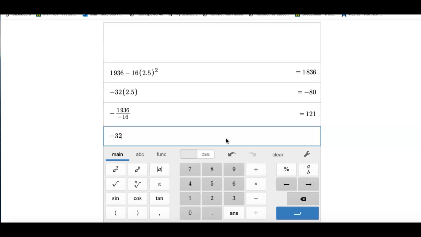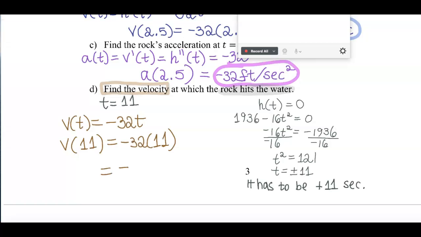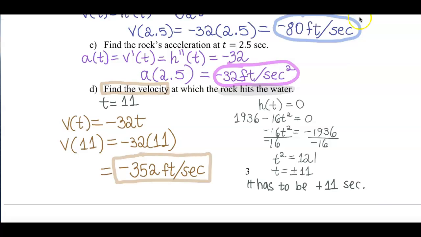Negative 32 times 11 equals negative 352. Negative 352, and the unit is feet per second. So when it hits the water, it's traveling very fast. Boom. Okay, so that is how you will do number 6.